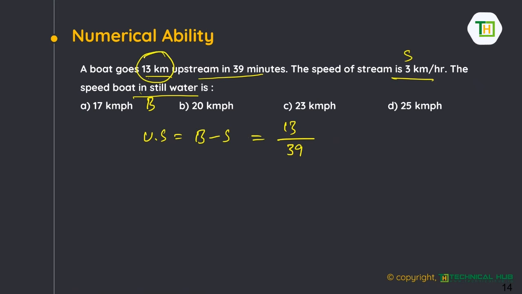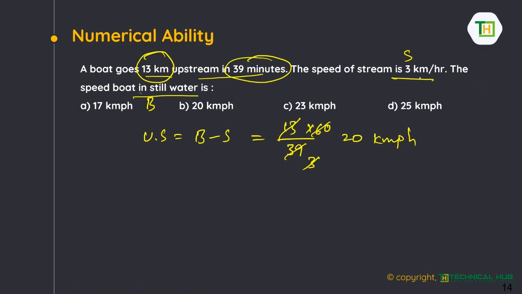Here distance is given in kilometers, so time period must be in hours. Convert 39 minutes into hours: 39 by 60. 60 goes to the numerator, right? Here 13 ones are 13, 3 ones are 3, and 3 twenties are 60. B minus S is equal to 20 kilometers per hour.